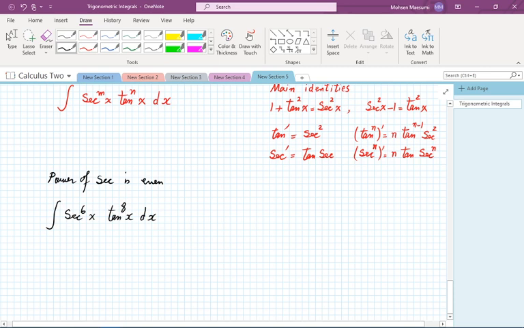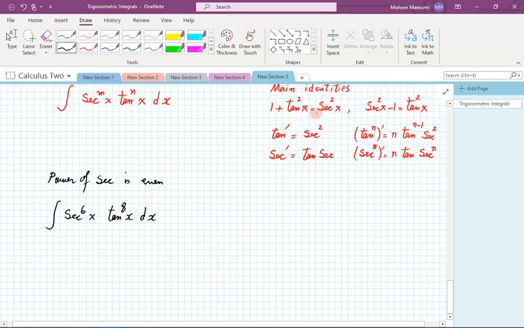It doesn't matter what we have on the tangent. What we notice is that when you take your variable to be tangent, then the derivative of tangent is going to be secant squared. So what we are going to do is separate a secant square and then convert the rest of the secant to tangent by using this trig identity.